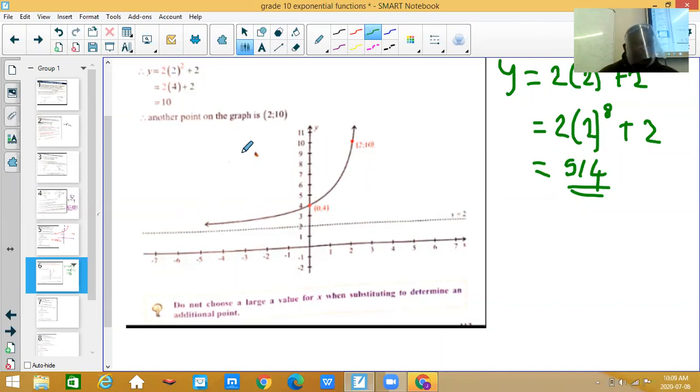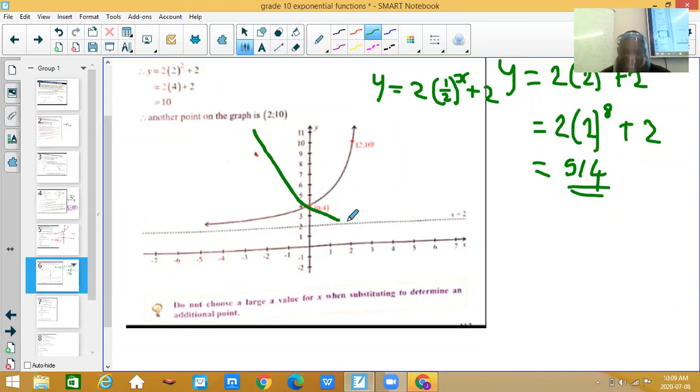Now, this one you don't have to force it. If it was in this other quadrant, in this case, you may have had y is equal to 2 to the power 1 over 2 x plus 2. Then our graph would have this shape.